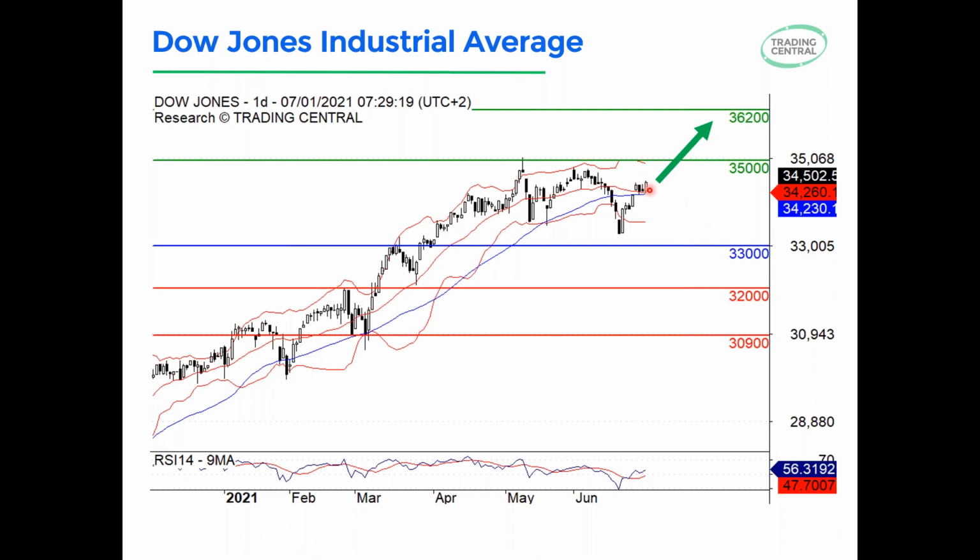As you can see, the Dow Jones index has returned to levels above both the 20-day moving average and the 50-day moving average. Our first target for the Dow Jones is 35,000, near the upper Bollinger Band here. Fair deal, right?